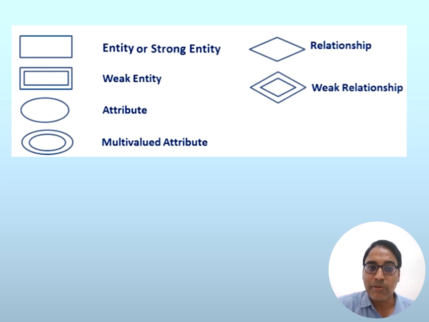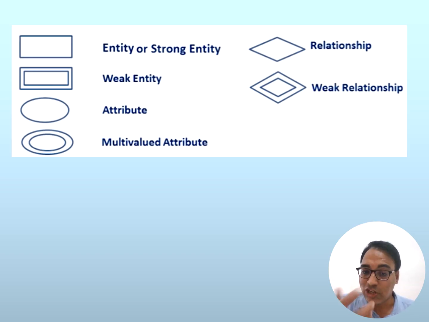Likewise, the double rectangle shows a weak entity, which is always dependent on the strong entity. The primary key, the most important attribute of the strong entity, always defines the weak entities. Always remember. These weak entities are connected to the strong entities in the diagram using a weak relationship, the double diamond.